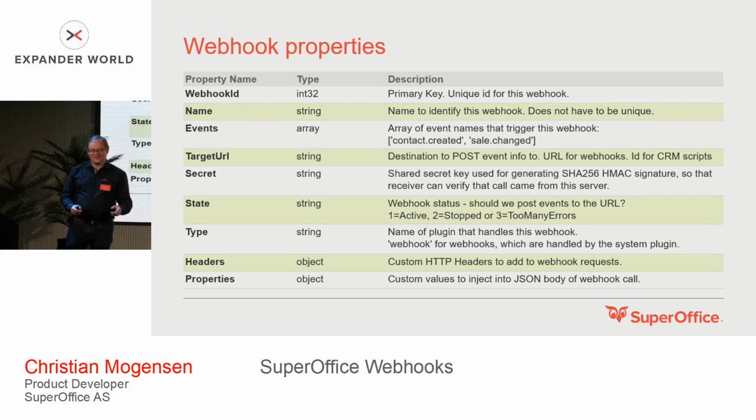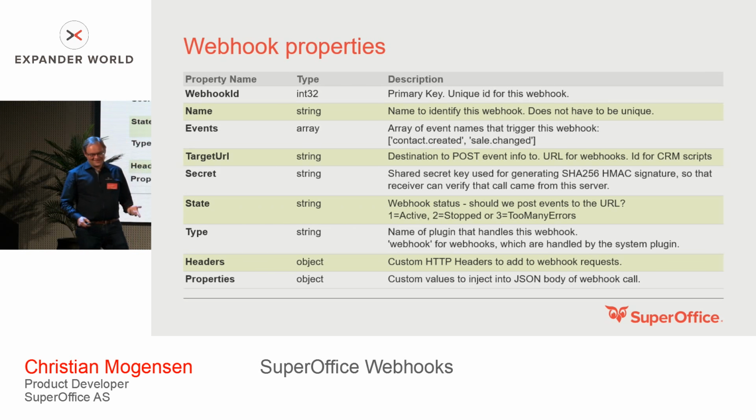So what you then can do is take the body that's received, hash it with the same secret, which you know because you put it in there when you registered, and then see if the two match. And if the two are the same, then it's like, okay, this definitely came from SuperOffice, or at least from someone who knows my secret. So in that case, you only have good hackers.